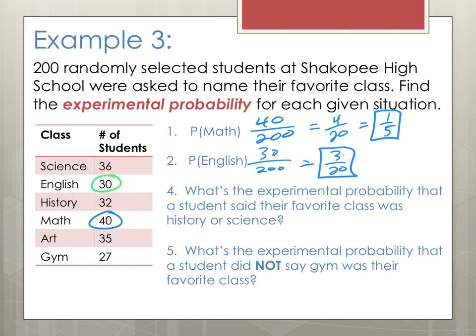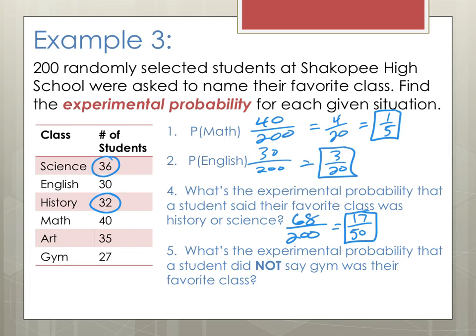Well, if I circle those two, history is 32, and science was 36. So that would be 36 plus 32, which becomes 68 total out of 200. And I think for here, both of them are divisible by 4. If I divide 4 out of 68, I get 17. If I divide 4 out of 200, I get 50. So here you have a 17 out of 50 chance of that happening.